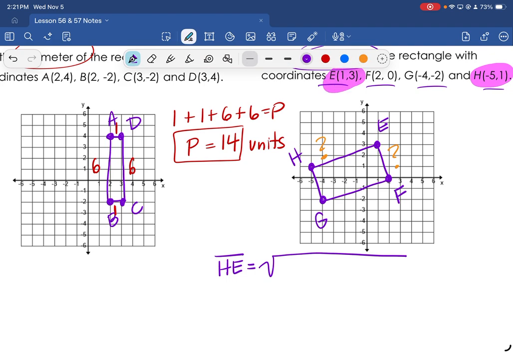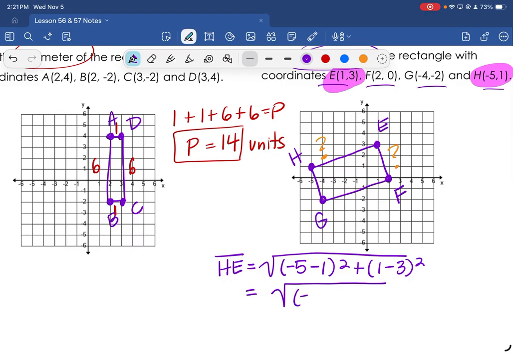So I'm going to write -5 minus 1 squared plus 1 minus 3 squared. I'm using those ordered pairs highlighted in pink. Then I'm going to simplify.